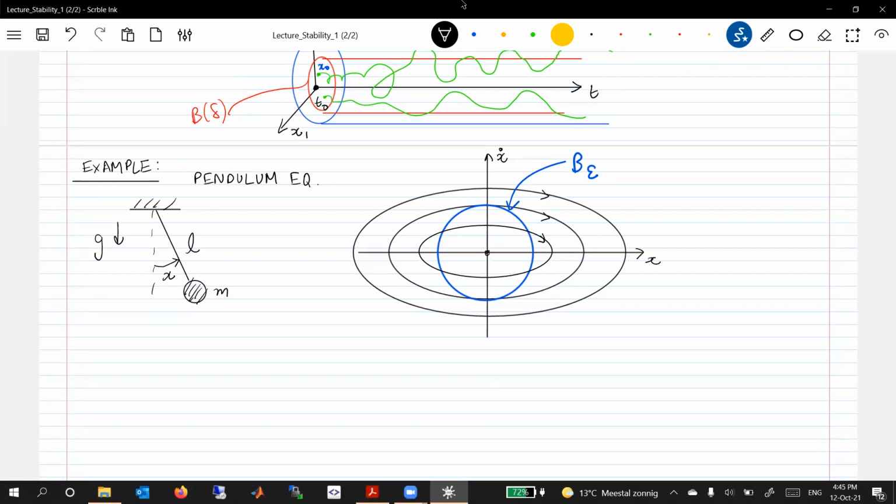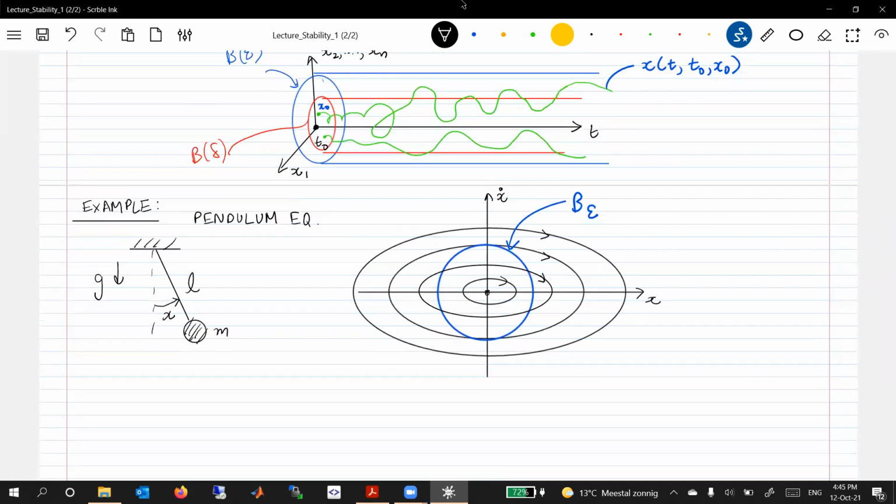They are aligned along the level sets of the energy. And we know that there would be initial conditions we can pick near the origin, which would lie in this epsilon ball.